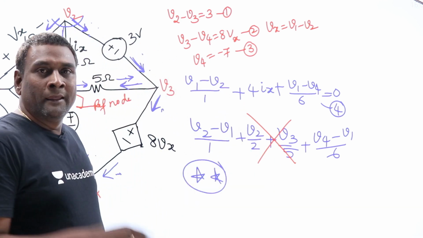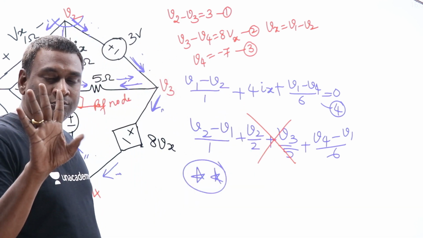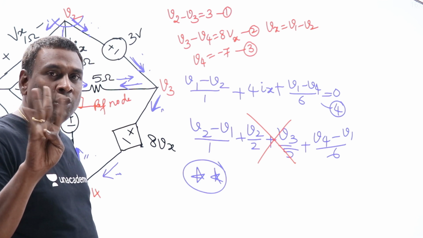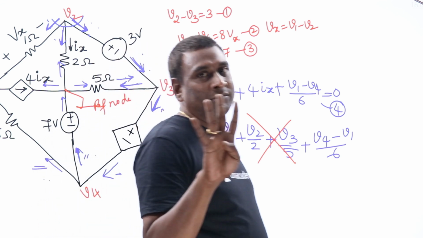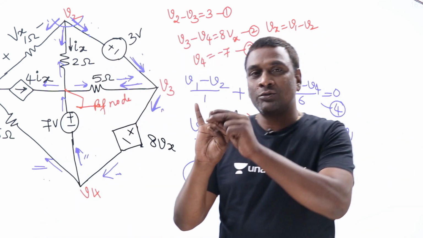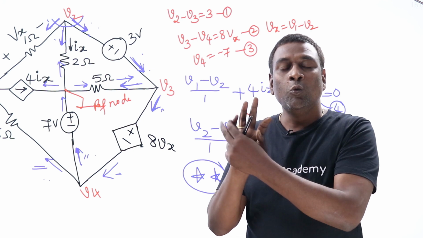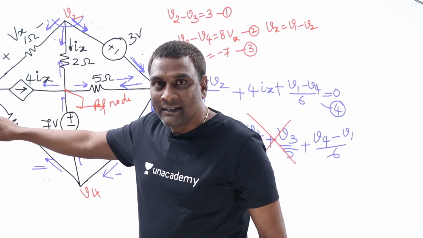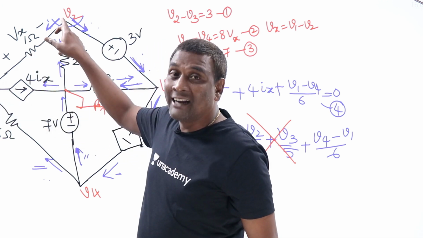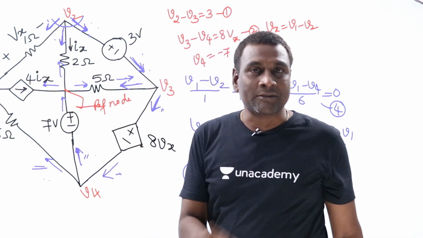See, 5 nodes, 1 reference node, 4 nodal equations. Out of 4 nodal equations, 3 voltage sources, 3 relations. Only one time you are supposed to apply KCL, means here only you are supposed to apply KCL. If you directly try to apply here, you will be in a big mess.